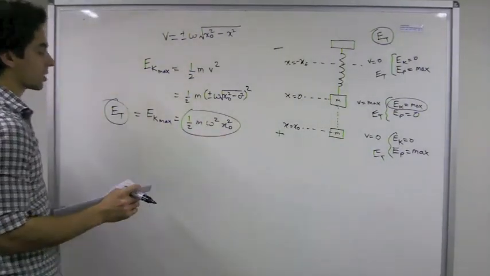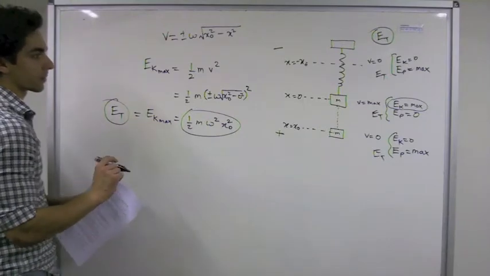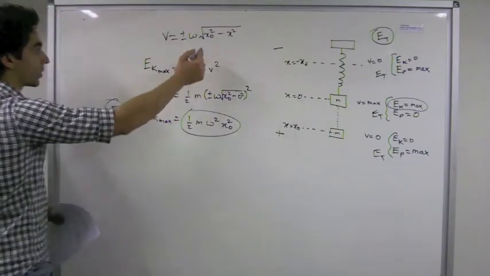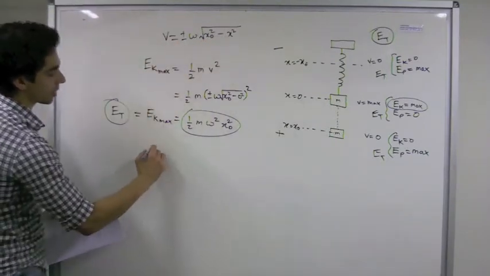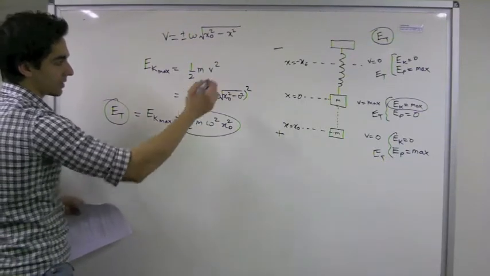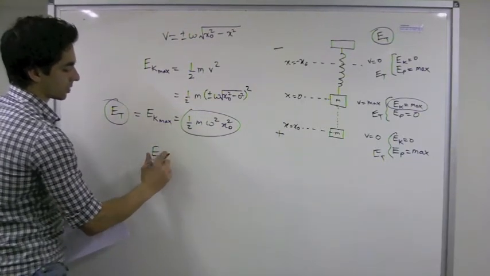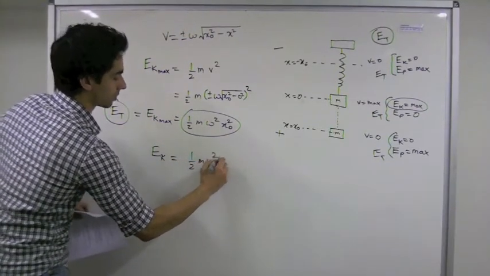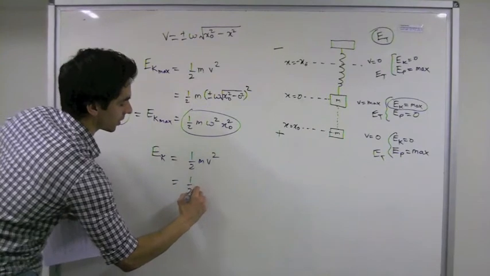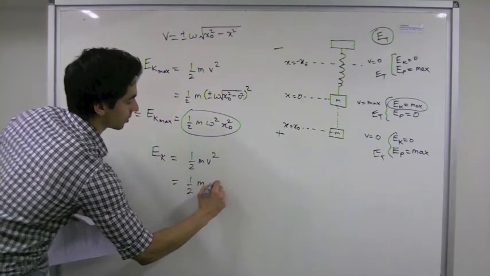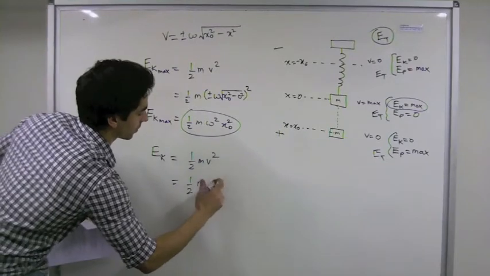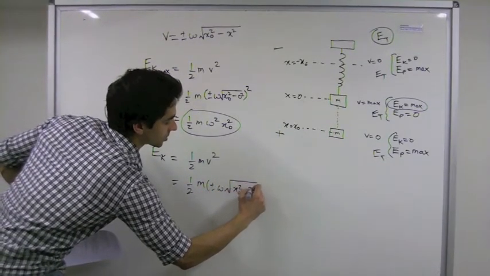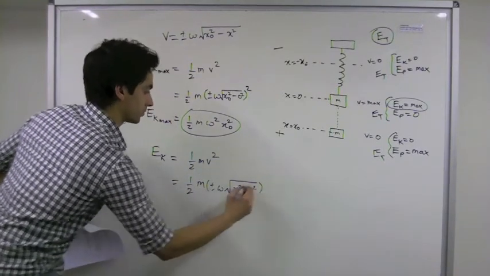function over here. Now, if we have to calculate the kinetic energy at any general point x, we have to follow the same method. At any point or any displacement, the kinetic energy will be given by half mv squared, which is equal to half m times plus minus omega root of x naught squared minus x squared, whole squared.